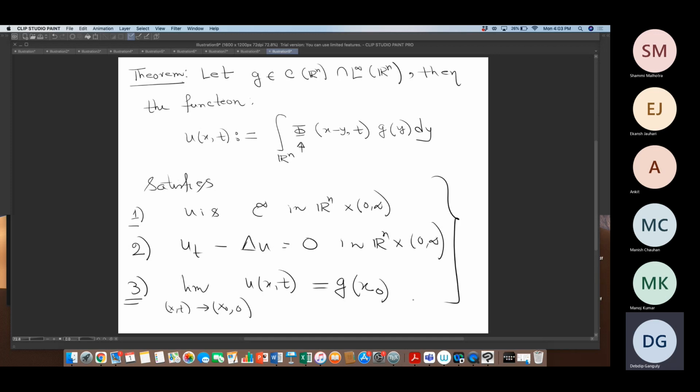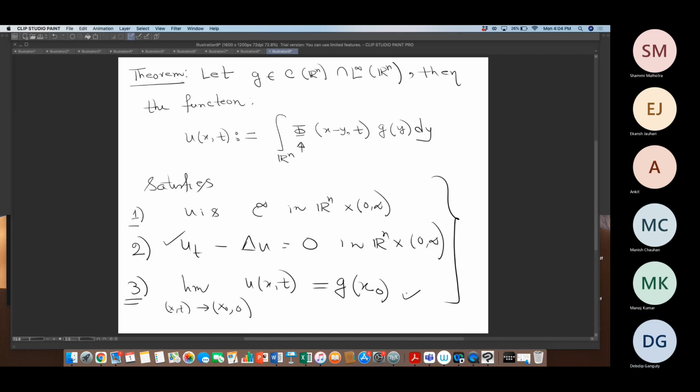So suppose you want to solve this equation, what you do is just take phi, translate it to x minus y comma t, multiply with g(y) and integrate with respect to y. Then this solves the heat equation and also satisfies the boundary condition, provided g is a continuous function in Rn and also a bounded function, an L infinity function.